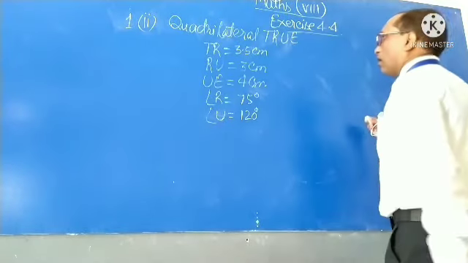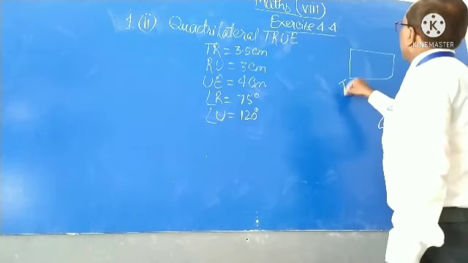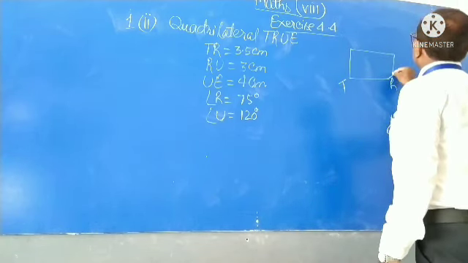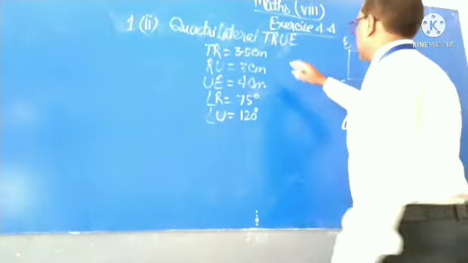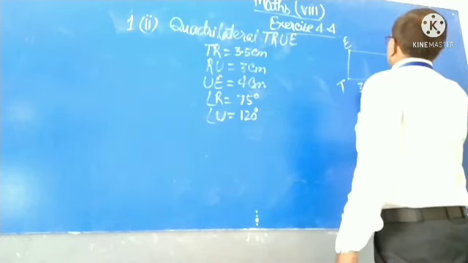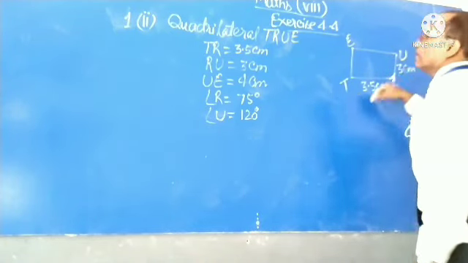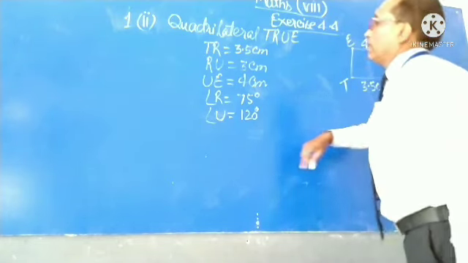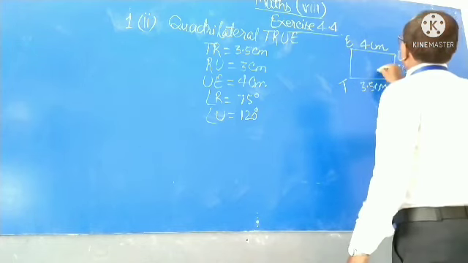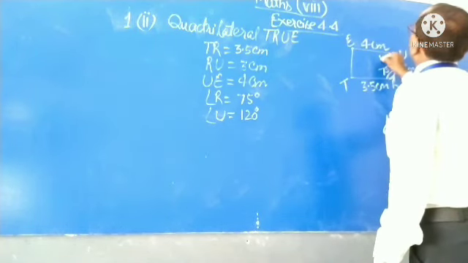First of all, you draw a rough figure of quadrilateral TRUE. Your measurements: TR 3.5 centimeter, RU 3 centimeter, UE 4 centimeter, angle R 75 degree, angle U 120 degree.